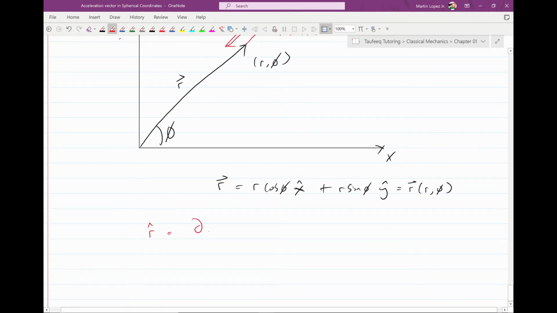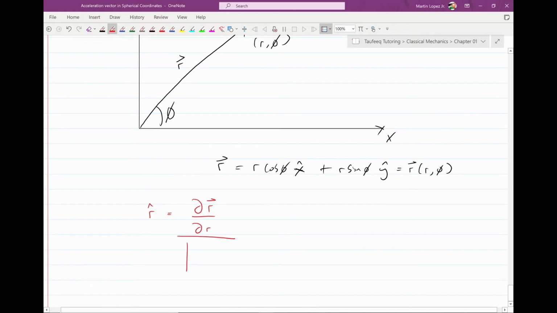So basically, this is going to be the partial derivative of the position vector with respect to r divided by the magnitude or the length. So this part is normalizing that directional derivative. That is the definition. That's another way to get r hat.